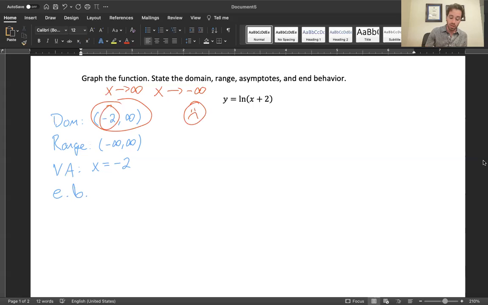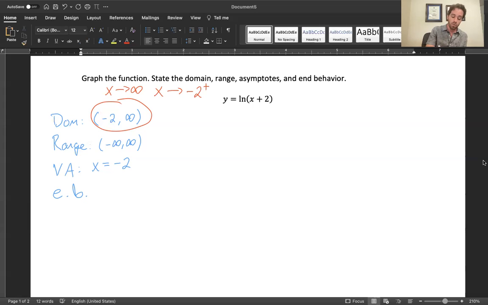It doesn't make it all the way to -infinity. So the end behavior here is going to be classified, like usual, as left and right hand, but the left hand end behavior is only going to involve x going to -2. And to get even more specific, it's to -2 from the right hand direction, because x doesn't occupy any numbers lower than -2. It's always above -2, and so it can only approach from one side.